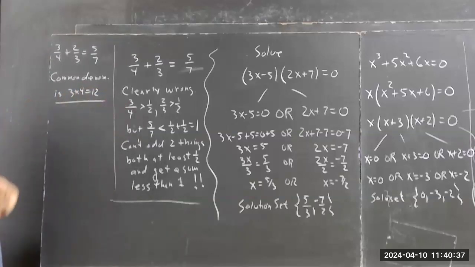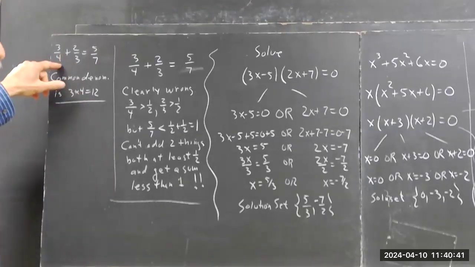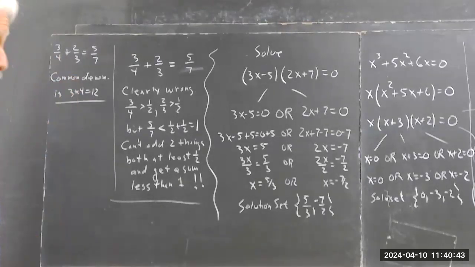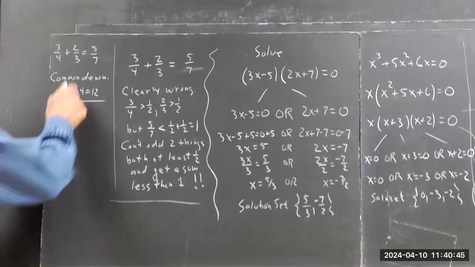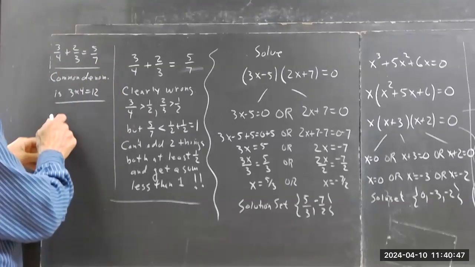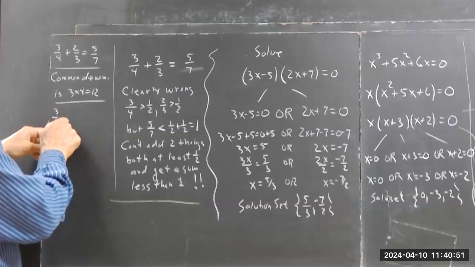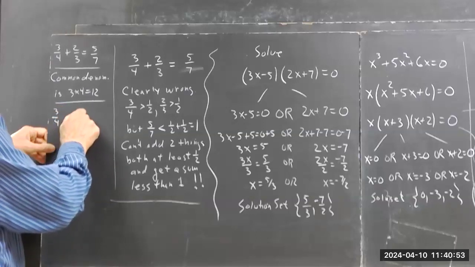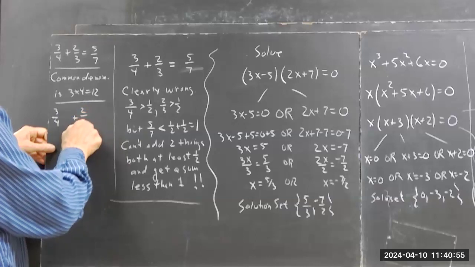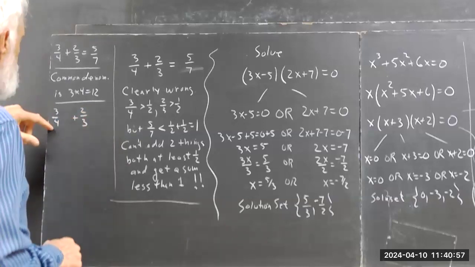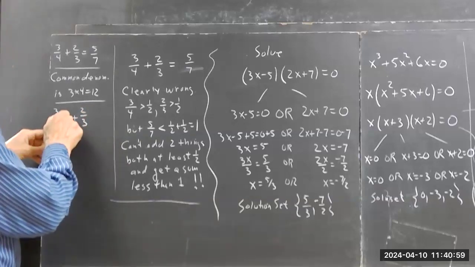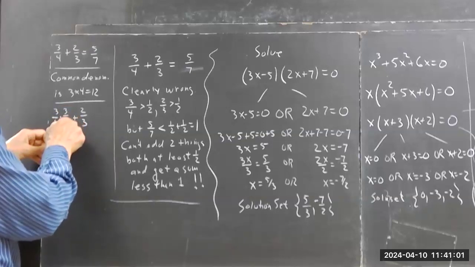The common denominator is 3 times 4, which is 12, the smallest number that both 4 and 3 go into. Okay, so take the 3/4 and multiply that by 3/3.